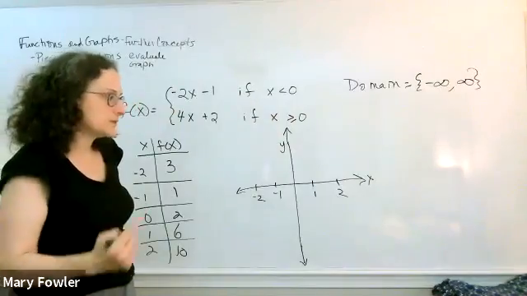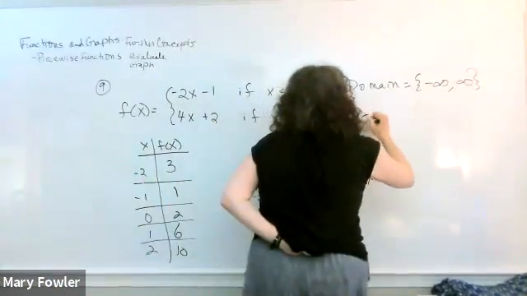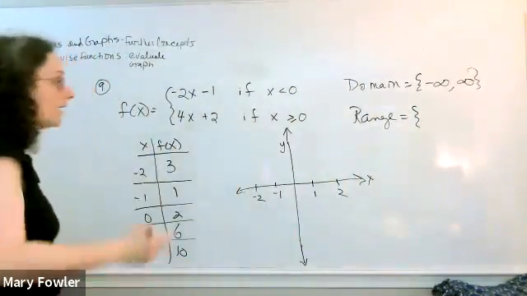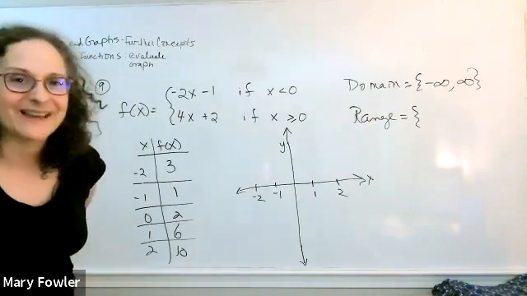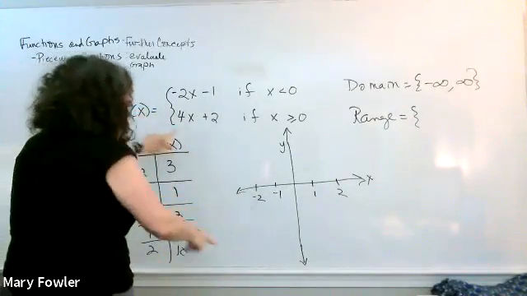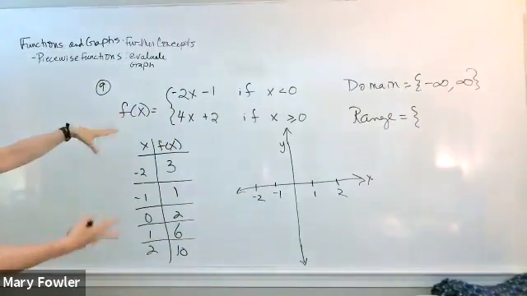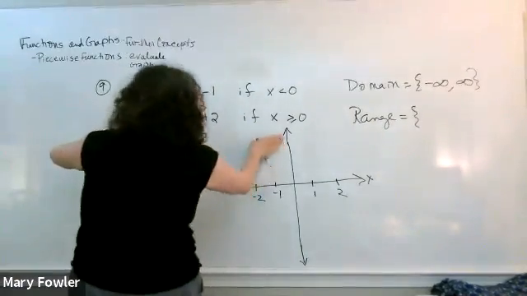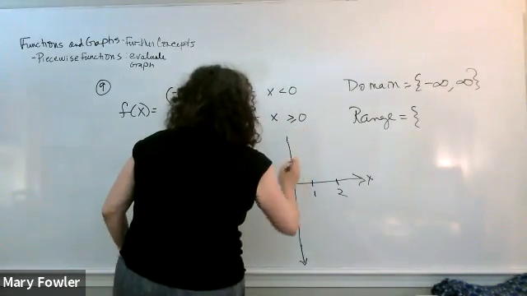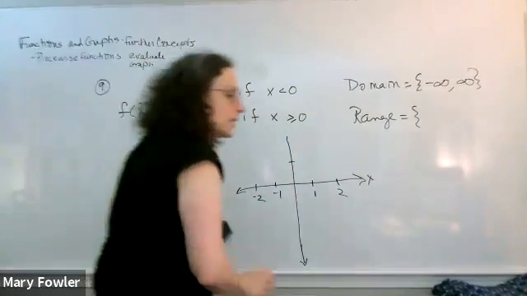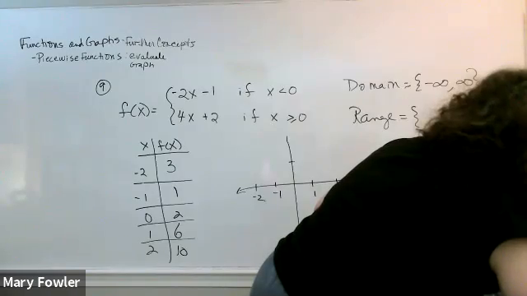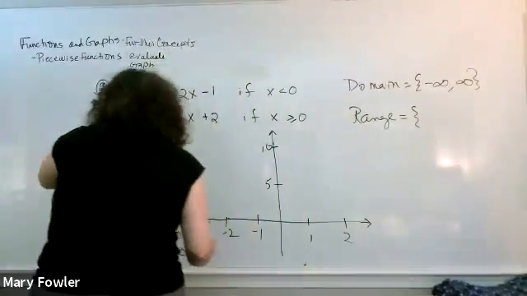So any value of x, this is defined for. And the range of the function? Well, let's go ahead and graph it and see if we can figure it out then. I want to choose an axis that matches the values I asked you to plot, and we want to make sure we go up to 10.